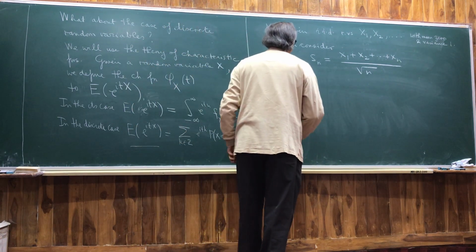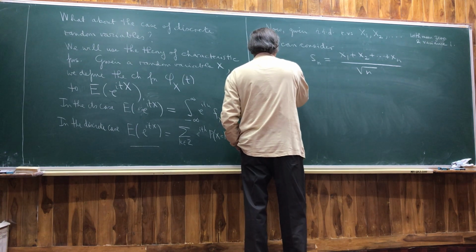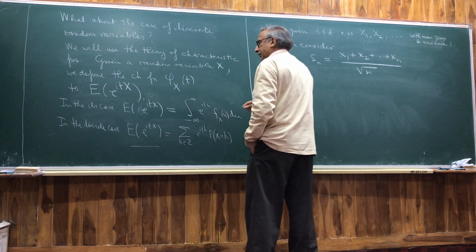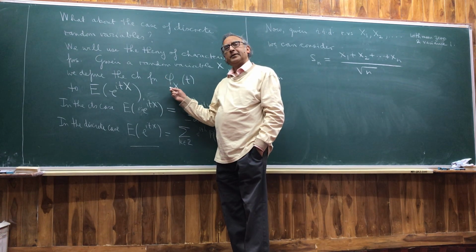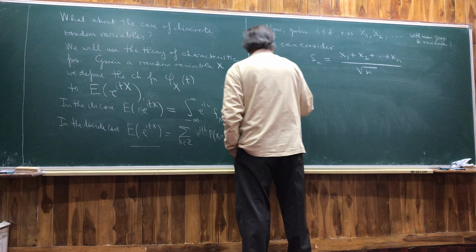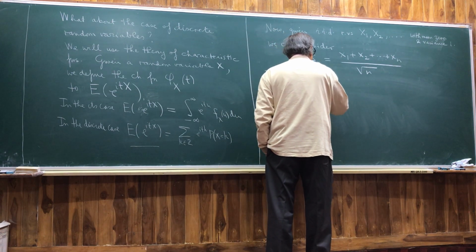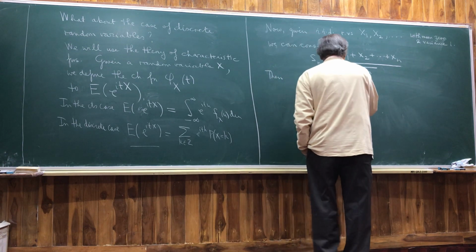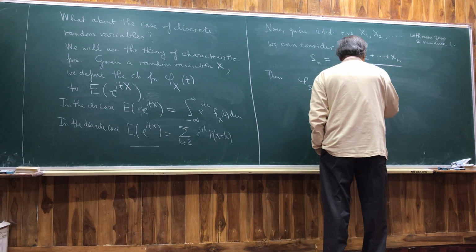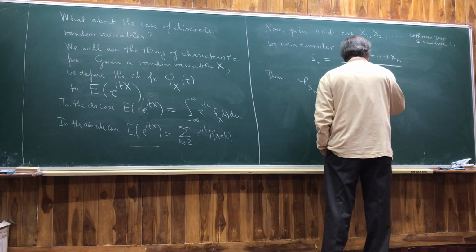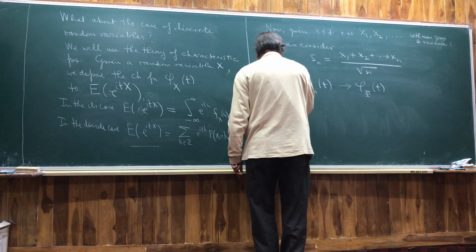And then the claim is about the characteristic function. My notation is, you give me a random variable, phi of that is the characteristic function. Then phi of Sn of t goes to phi of the normal distribution.